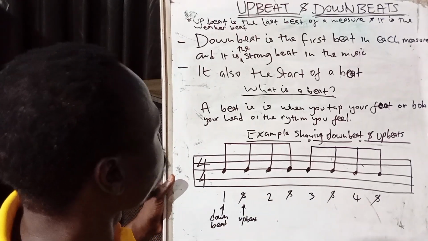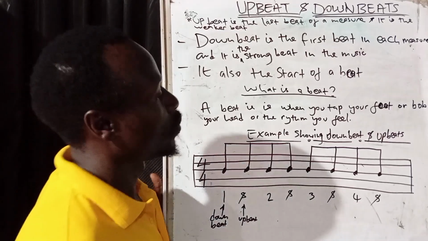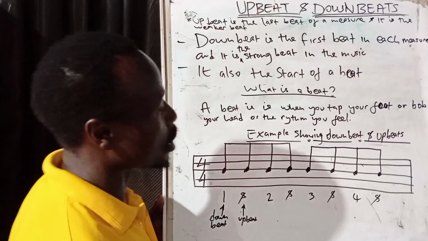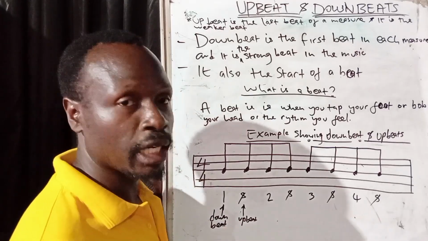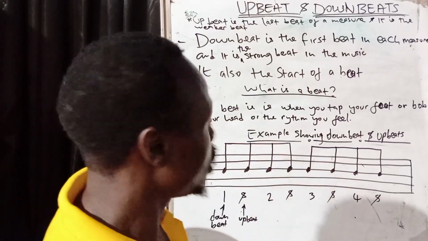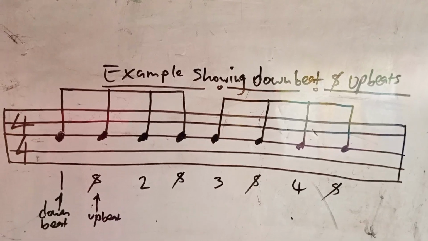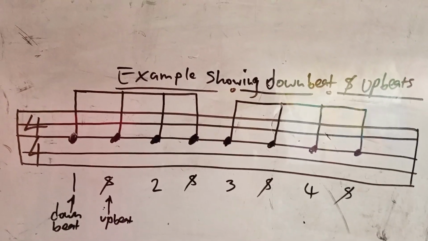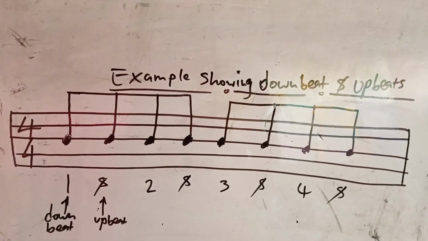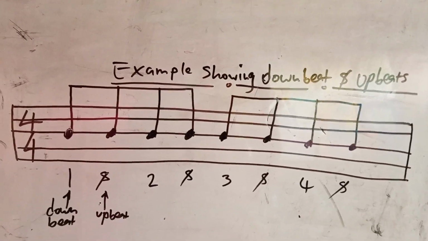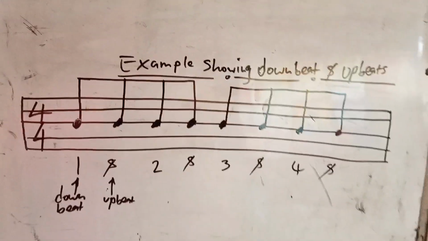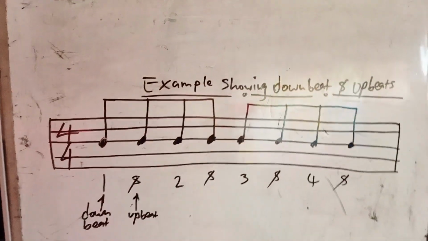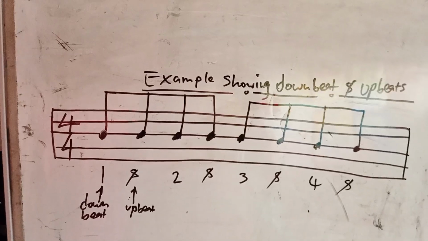So an example here is showing us upbeat and downbeat. I'll put down an example to show what a downbeat is and what an upbeat is. To demonstrate upbeat and downbeat, I'm using this example you're seeing here, and I'm using eighth notes in a bar.